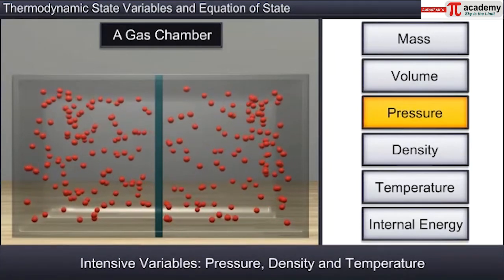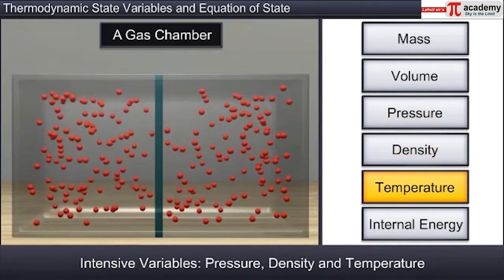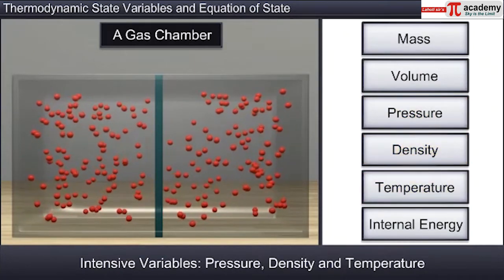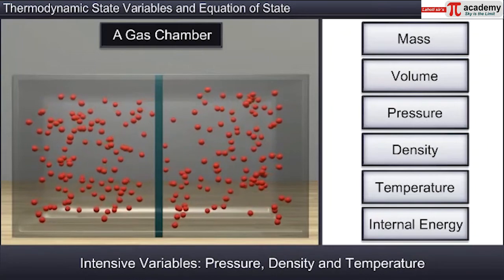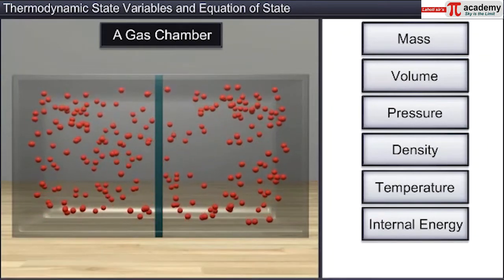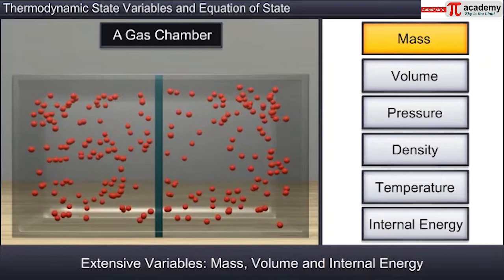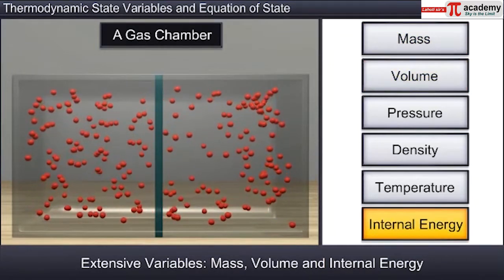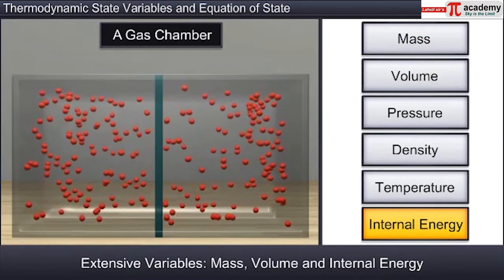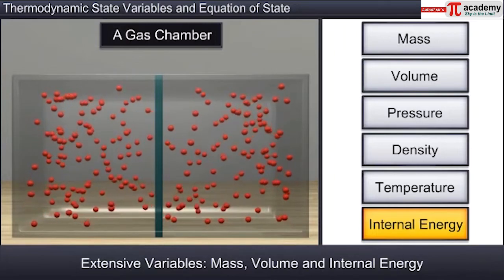Hence, pressure, density, and temperature are intensive variables. On the other hand, mass, volume, and internal energy are halved, and hence these are extensive variables.